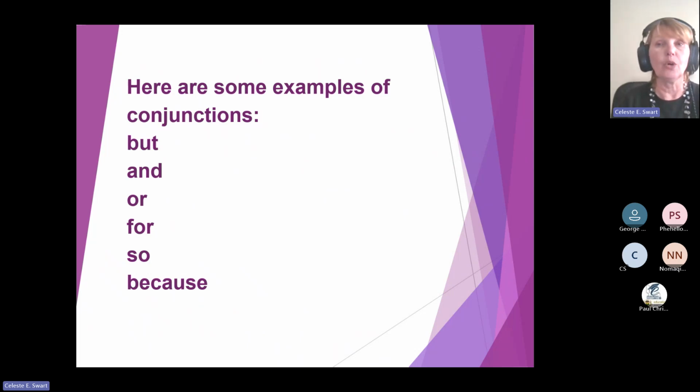And, or, for, so. And even words like if and however, although. Those are conjunctions. We aren't going to look at subordinate conjunctions and all of those fancy things today. We're going to look at simple, straightforward use of a conjunction, of a word to join another sentence to it.